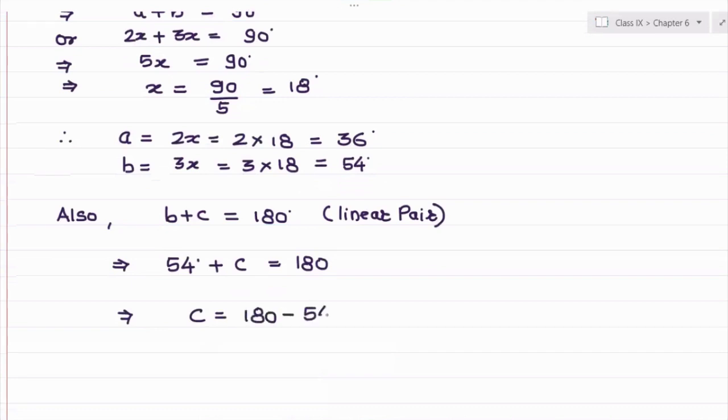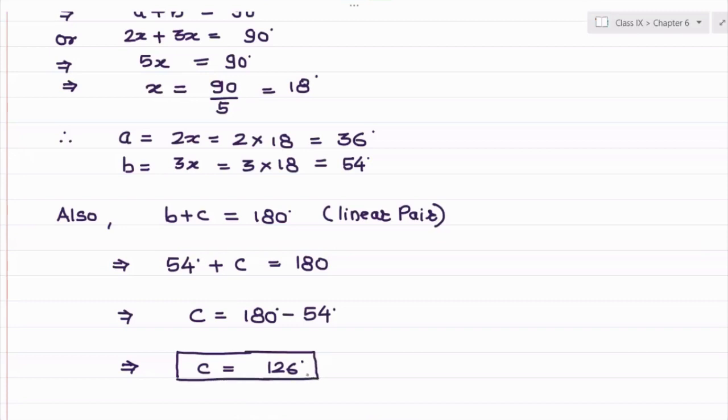From 180, if I subtract 54, then C will become 126 degree. So I think this is your required answer in the question, and hence this question gets complete. You can make a box around it to highlight your answer in a proper manner like this.